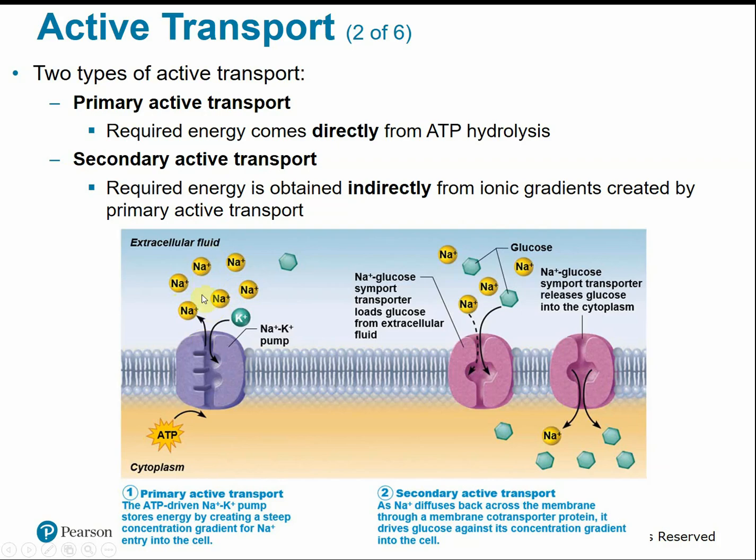So out of all of this sodium that we pumped out with our primary active transport, now we can carry glucose back into the cell through a symporter protein. So the glucose and the sodium travel together. The sodium helps carry the glucose into the cell.